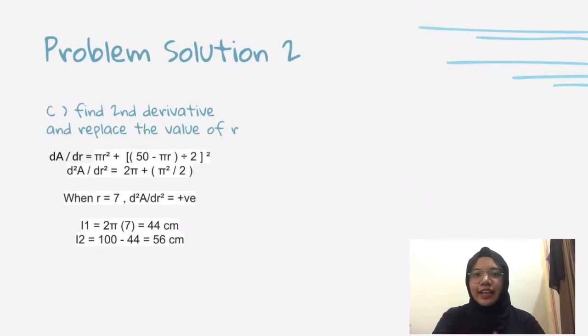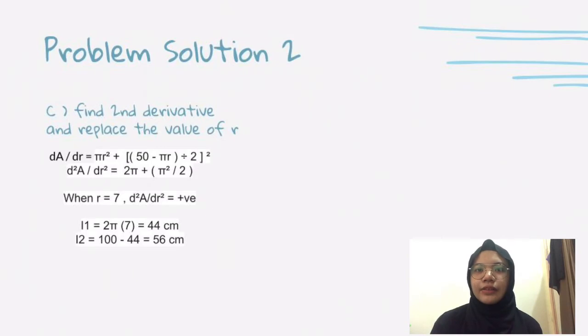As we know, A equal to pi r squared plus 50 minus pi r divided by 2 squared. Then we expand to the second derivative, d squared A over dr squared, equal to 2 pi plus pi squared over 2.